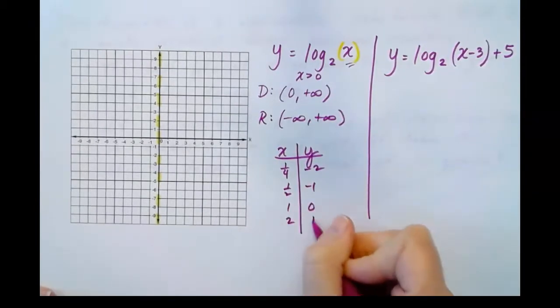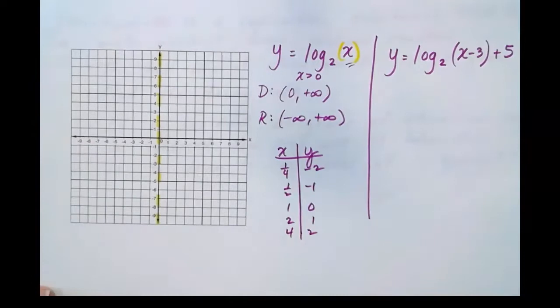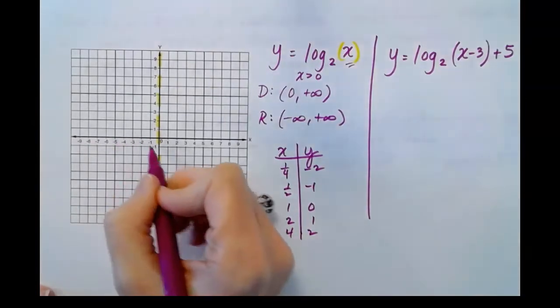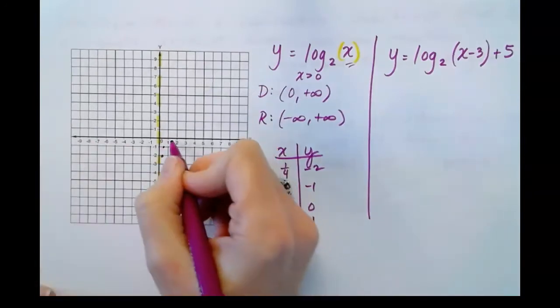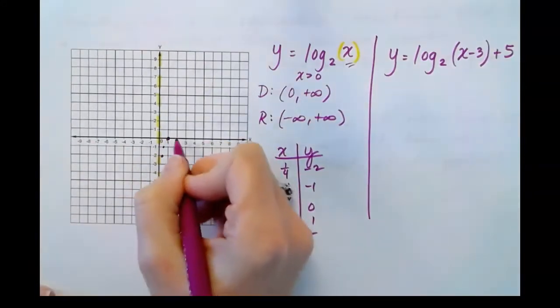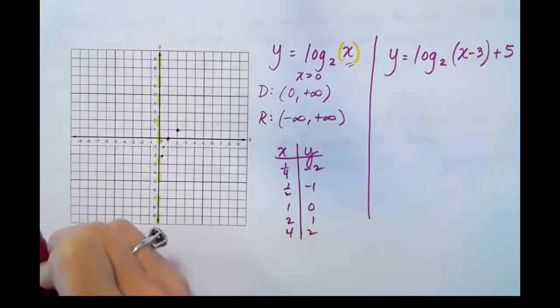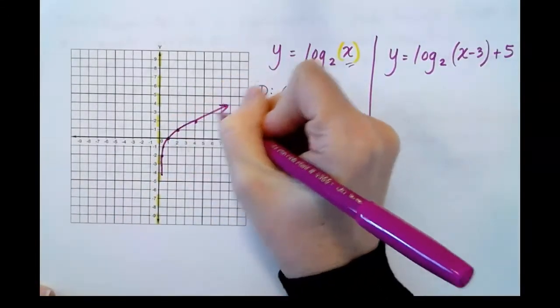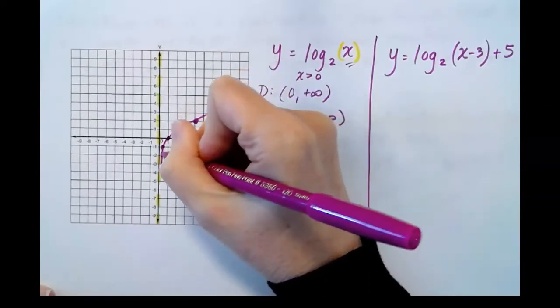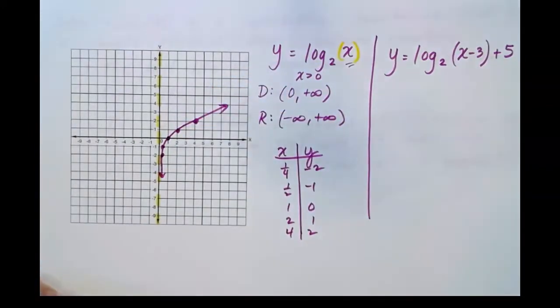And then 2, 1. And then 4, 2. So plot those points over 1/4, down to 1/2, 1, 0, and you see how these points are just the mirror image of basically the graph that we were just plotting. So there's our parent graph.